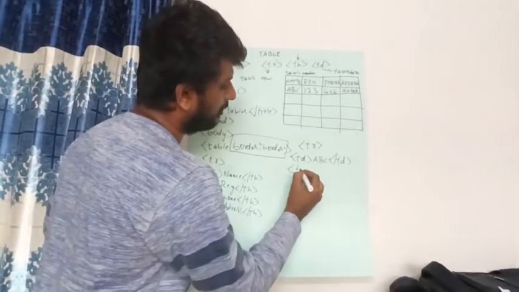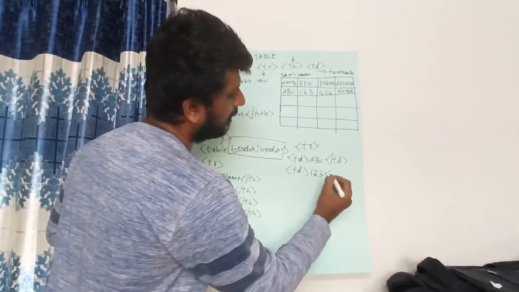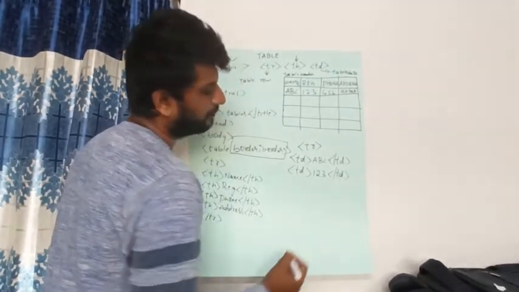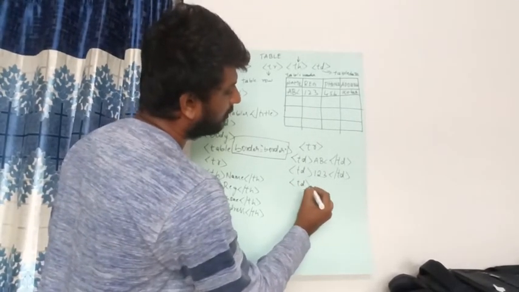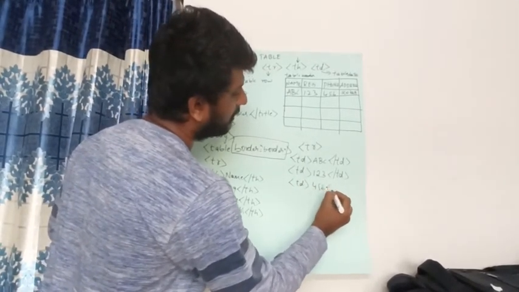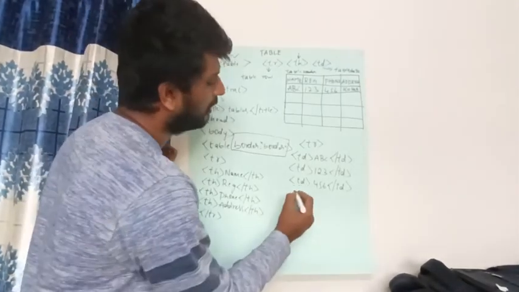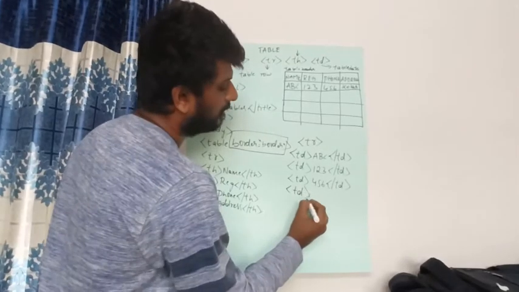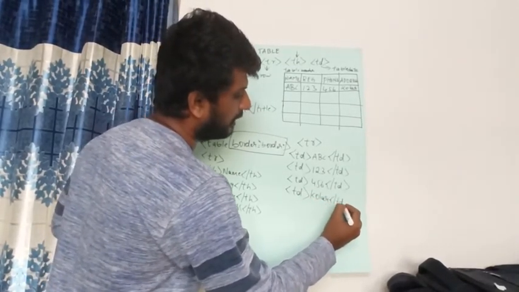Next, the next value is 123, TD 123, and then TD. The third one is TD 456, and then TD. I am closing the TD tag, that is the table data. The last value is colon. So I am closing the TD tag.